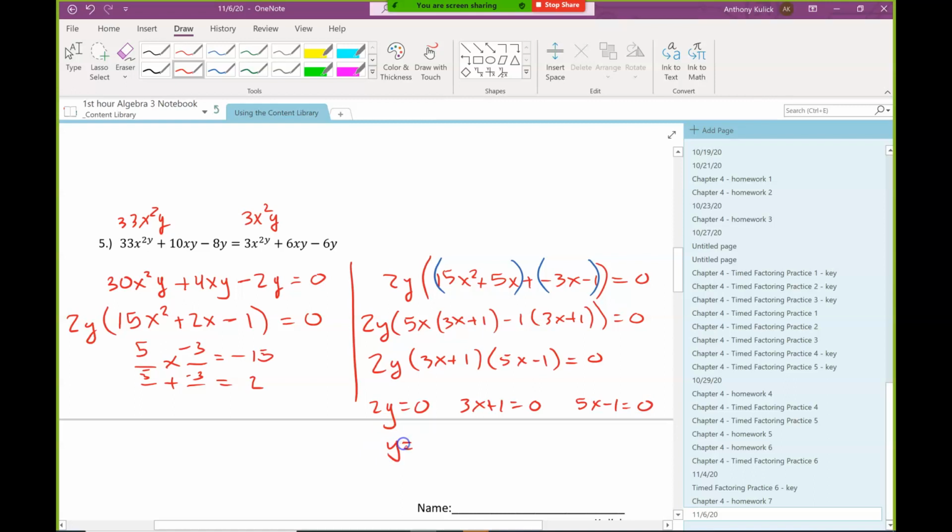If I divide both sides by 2, I get just that 0. If I subtract 1 and divide by 3, I get negative 1/3. And then if I add 1 and divide by 5, I get positive 1/5. So those should be my 3 solutions for that one.